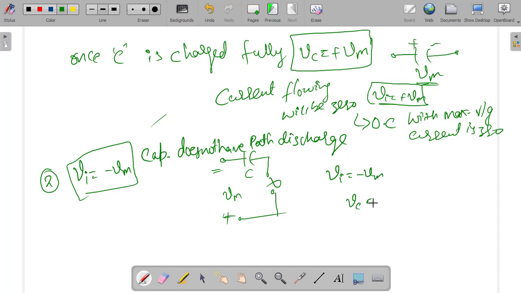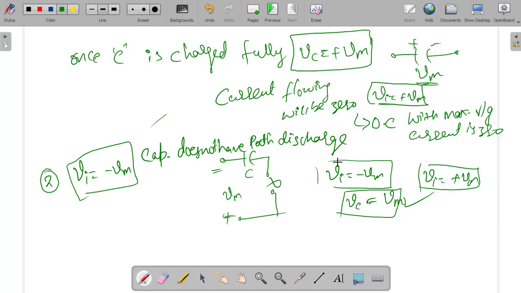Irrespective of the input, the capacitor voltage will remain Vm, because it is a charged voltage. This is the maximum voltage the capacitor charges to during the cycle when Vi is equal to plus Vm. When Vi is equal to plus Vm, your capacitor is charged to plus Vm, and whenever Vi becomes minus Vm, your capacitor doesn't have any path to discharge.